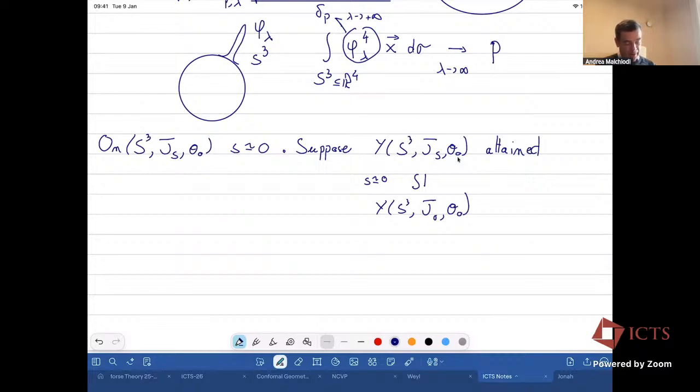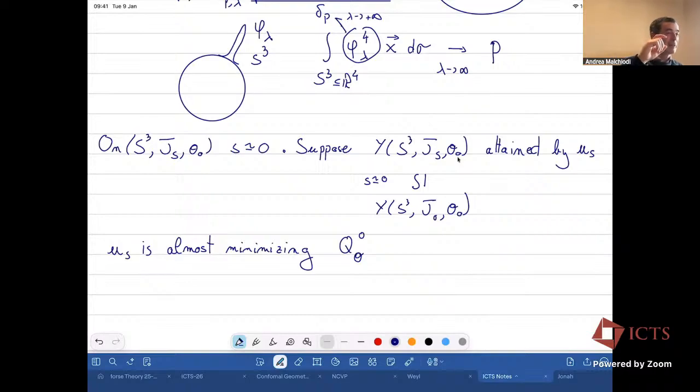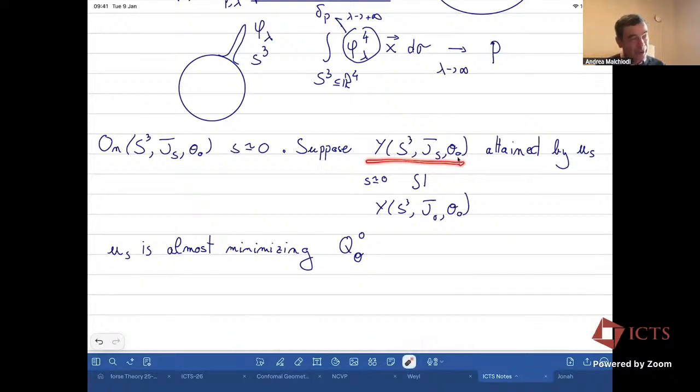Okay, so suppose that the infimum is attained by, say, u_S. So u_S is almost a minimizer, so it's almost minimizing also the quotient Q theta with respect to the standard structure. We're assuming it's a minimizer for the perturbed structure.